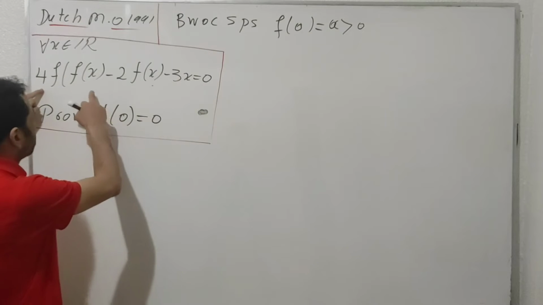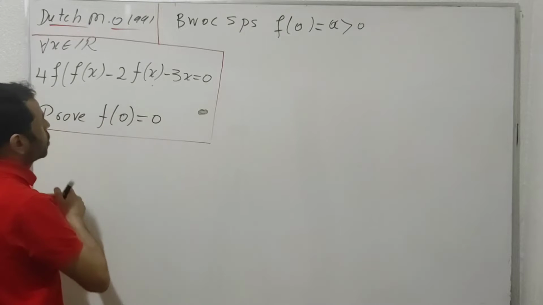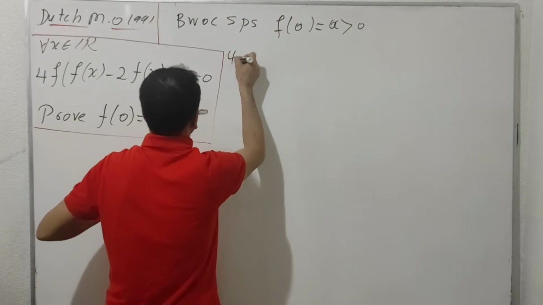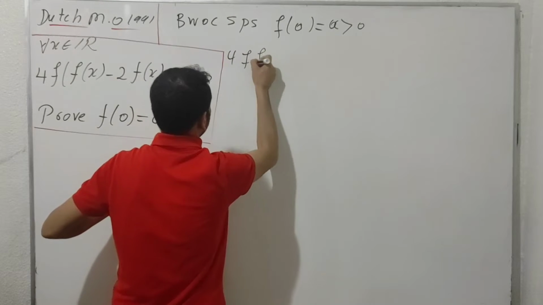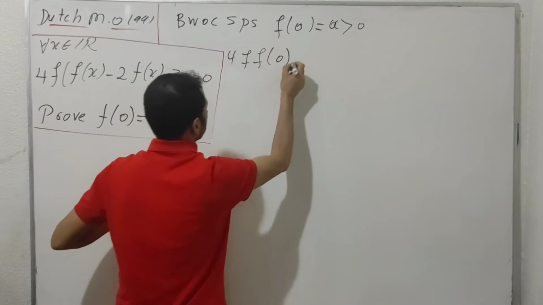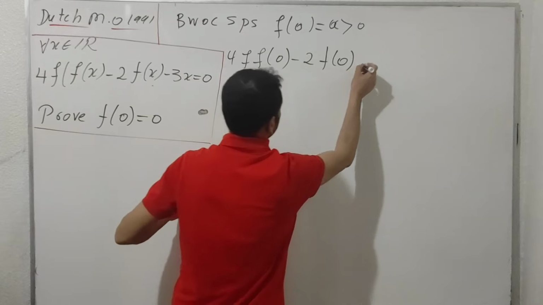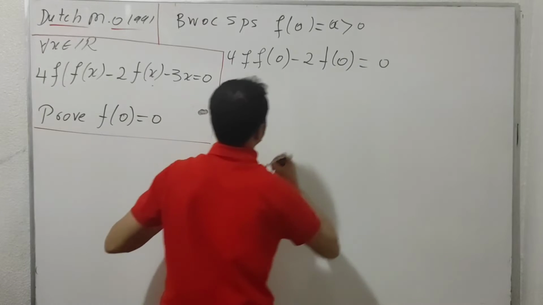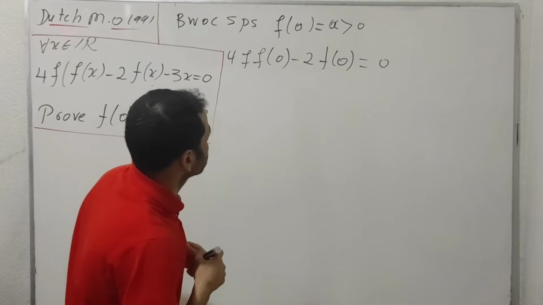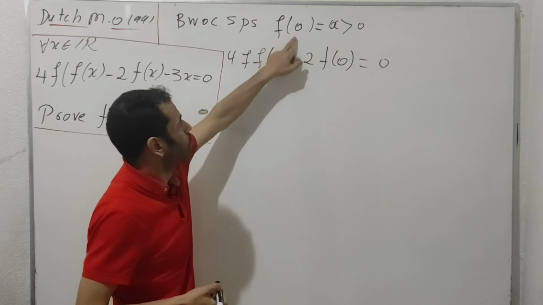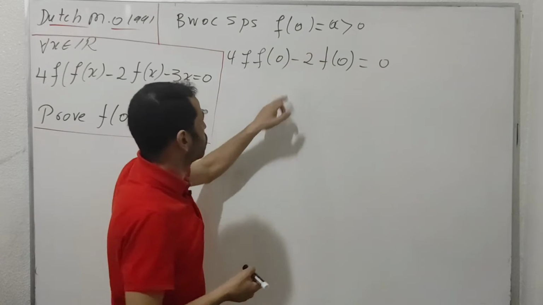I'm simply going to plug 0 into this application. So we'll have 4 f of 0 minus 2 times f of 0 equals 0. I'm simply going to plug f of 0 with A into this one.